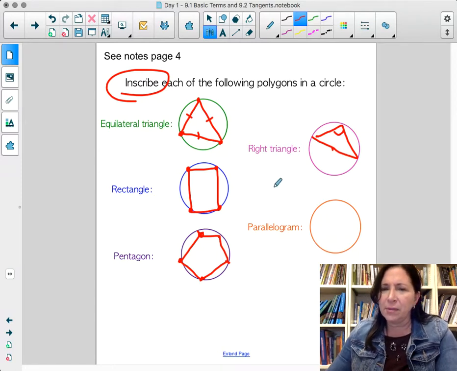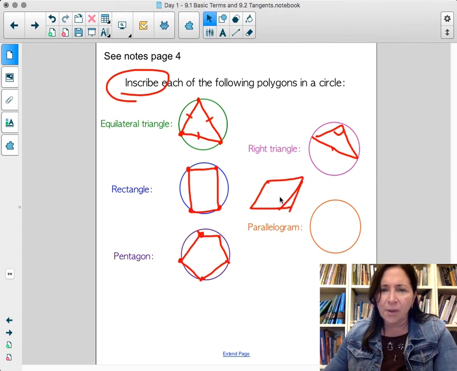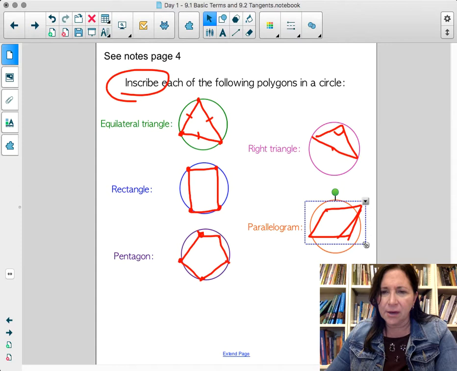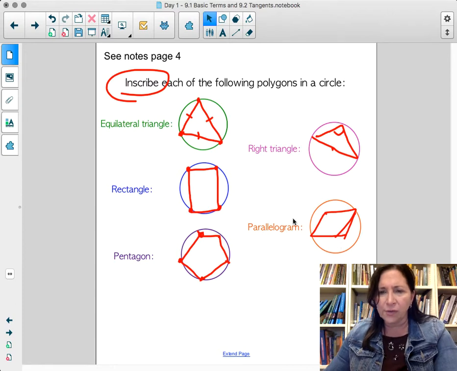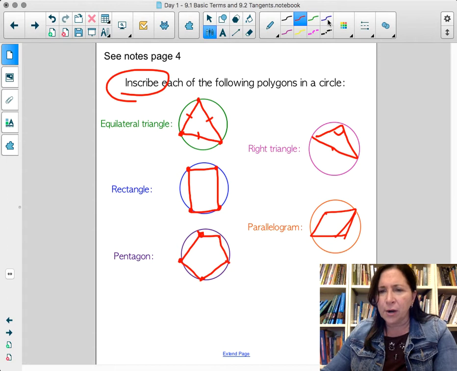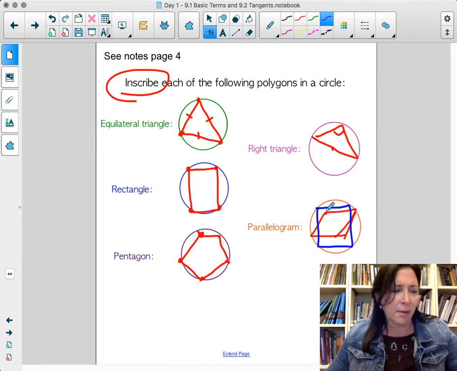Parallelogram. Now, you have to remember something. Parallelograms look like this. You have different kinds of parallelograms, of course, but parallelograms generally look like this. If I were to put my parallelogram, let me shrink it up a little bit, in here, it's going to touch these two corners here, but not all four corners. If I had a square, it's going to touch all four corners, but a parallelogram is not.